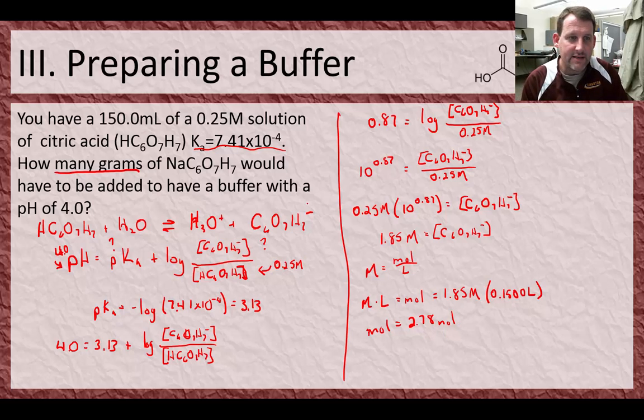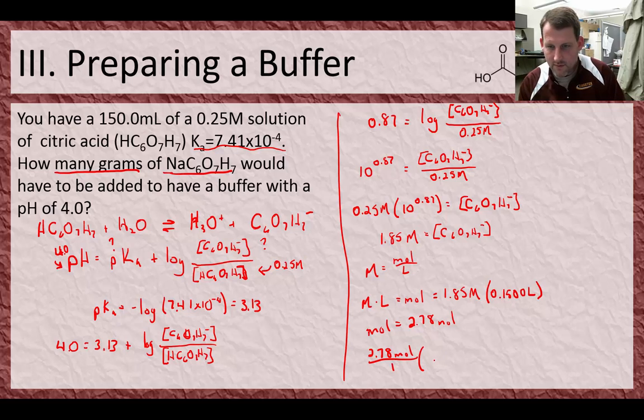And in this sodium acetate that we have here, we have one acetate ion for every sodium. So we need to convert this to grams of sodium acetate. So we know we need 2.78 moles of sodium acetate because there's one acetate per sodium acetate. So we need to just convert this to grams.